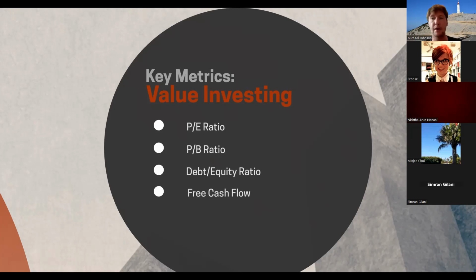And then the debt to equity ratio, you want to have a debt to equity ratio of 0.3 to 0.5, because that means that the company is not taking on too much debt compared to their equity. So that's important here.